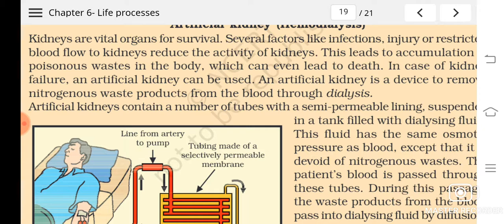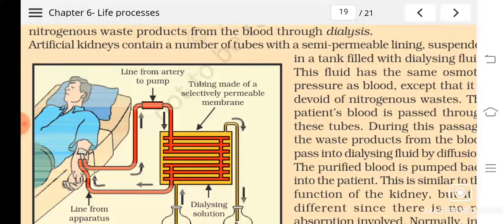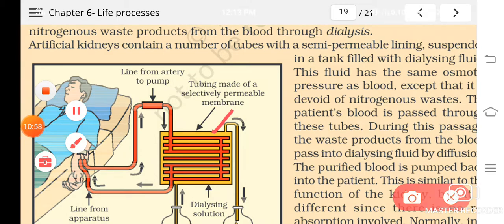When you see an artificial kidney, what does it consist of? It consists of some tubules which have semi-permeable membranes. These are tube-like structures, and their walls are made up of semi-permeable substances, and these are suspended in a fluid.